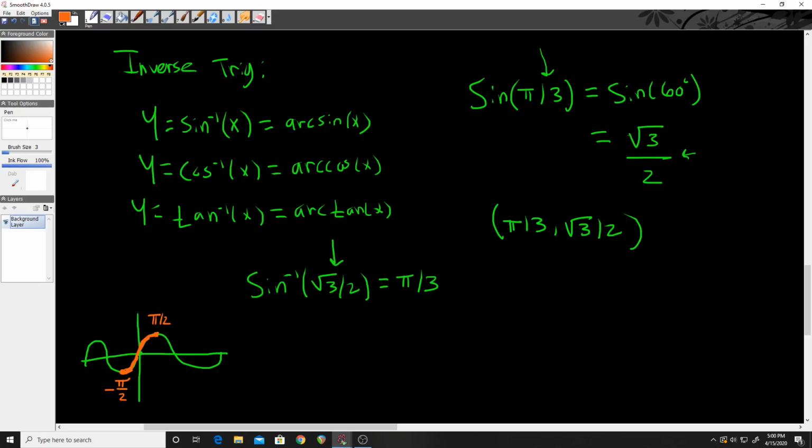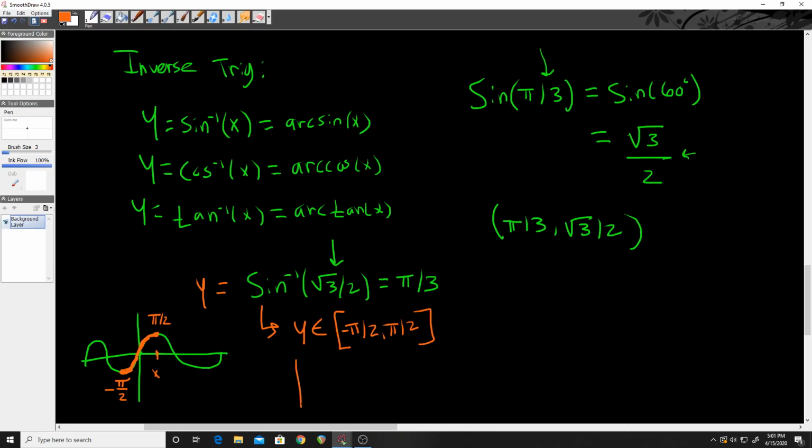Okay, so these are the x values of regular sine. Okay, so that means that the y values of inverse sine, if y is the inverse sine, then y has to be from minus pi over 2 to pi over 2.